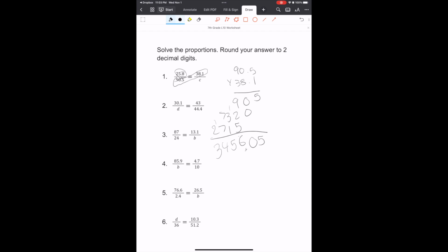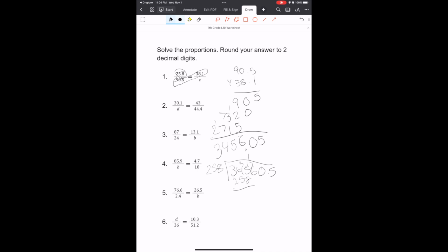So your answer for this one should be that divided by 25.8, which instead we're just going to move 1 decimal place to the right, divided by 258.